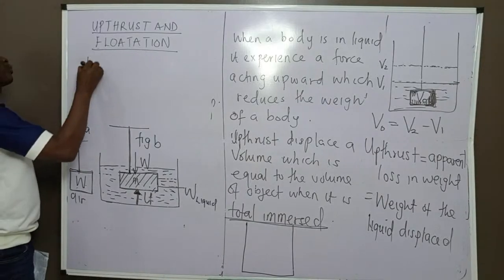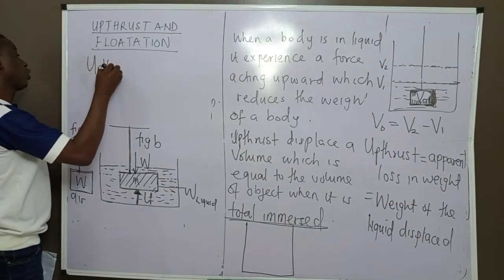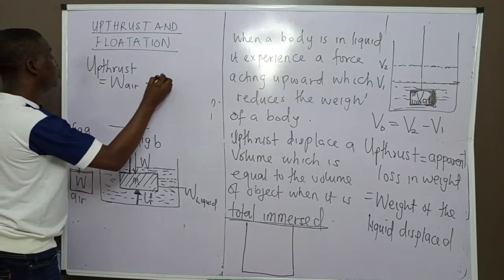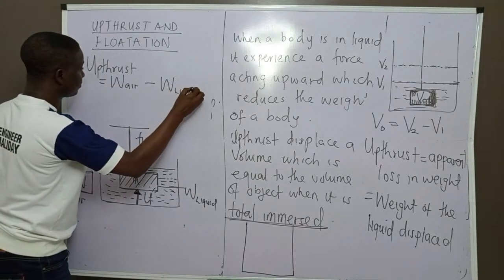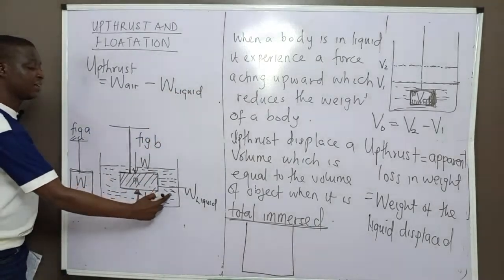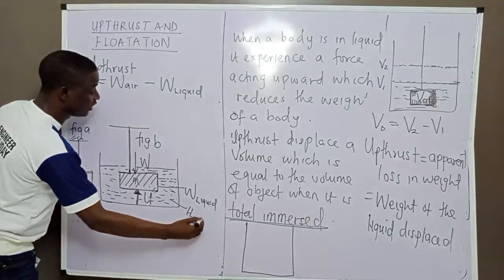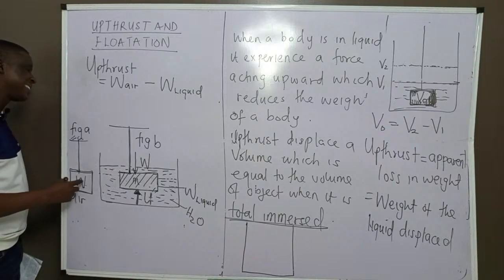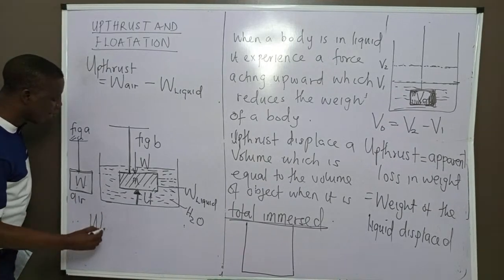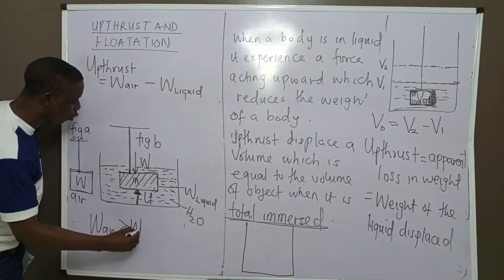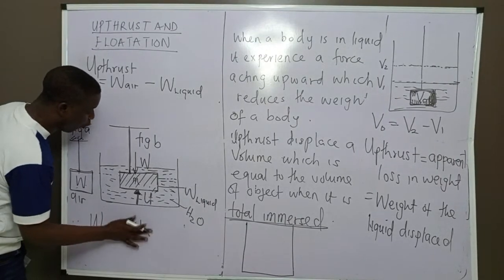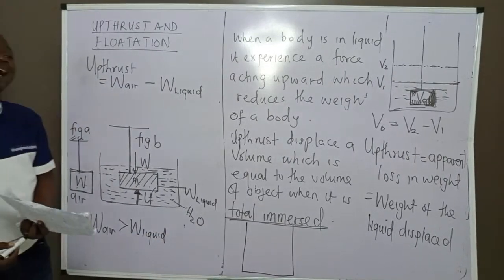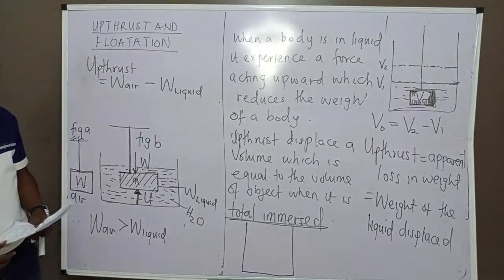Now, the upthrust is equal to what? Weight in air minus weight in liquid. So if it is water, H2O, it will be weight in water. Don't forget, the weight in air is always higher than weight in water or liquid. Weight in air is always greater than weight in liquid.